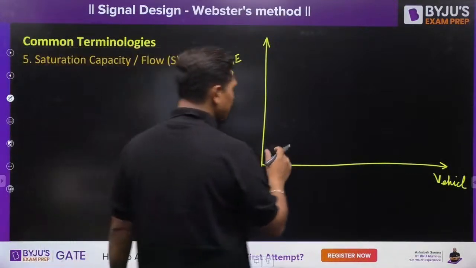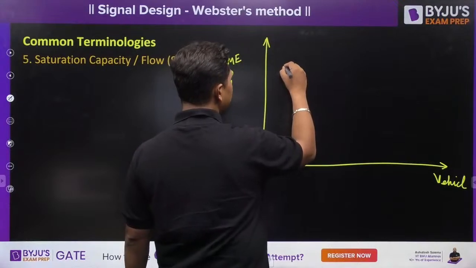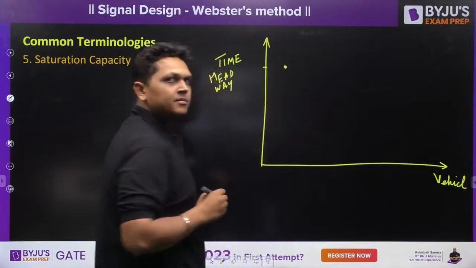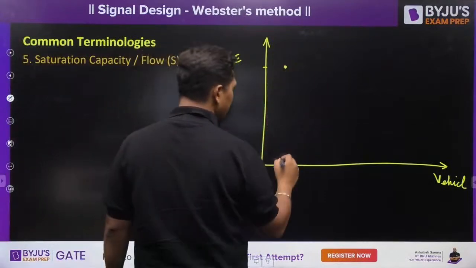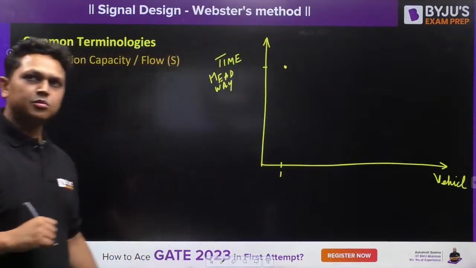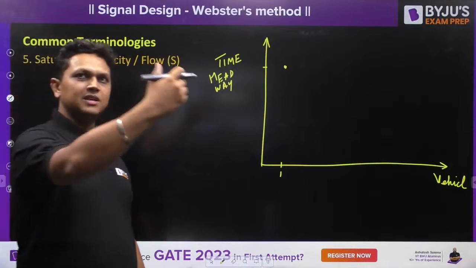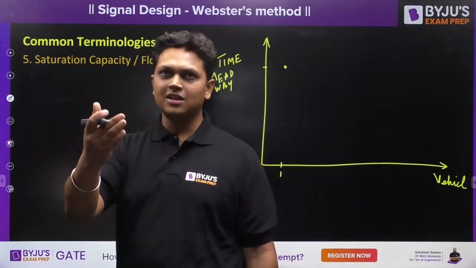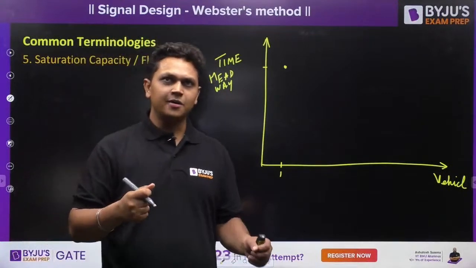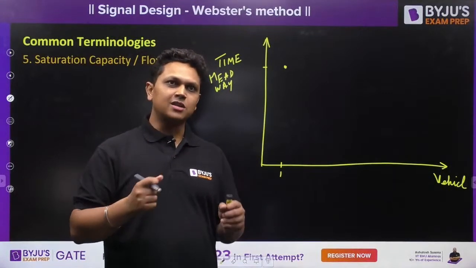Initially the first vehicle is going to take the maximum time to react, because he is going to perceive the signal and accelerate. The vehicle standing just behind him takes a little less time to react.